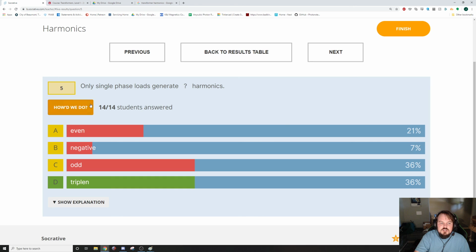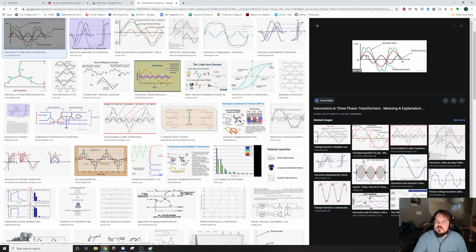Only single phase loads generate triplet harmonics. So a triplet harmonic is that 3 times harmonic. Triplet harmonics cause things like overloading of the neutral, because if you think back to that picture, this one right here, the single phase load has another phase that's going 180 degrees out of phase with it.